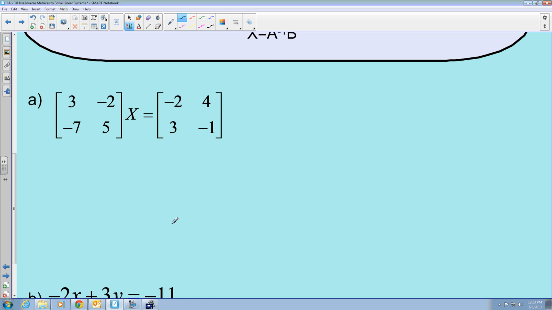The reason for that is because this is a 2 by 2, and then this is a 2 by 2. In order for this matrix X to be a product of this matrix A, this has to be a 2 by 2 because these two values must be the same. And then I know that this value is dictated from here, and this value here is dictated from here. So that's where we get the dimensions from.